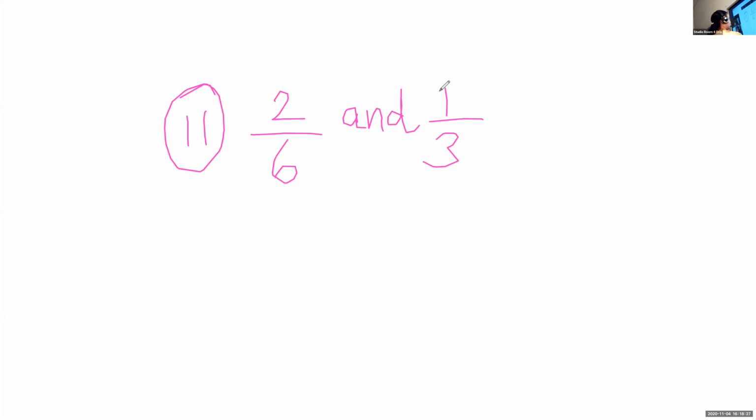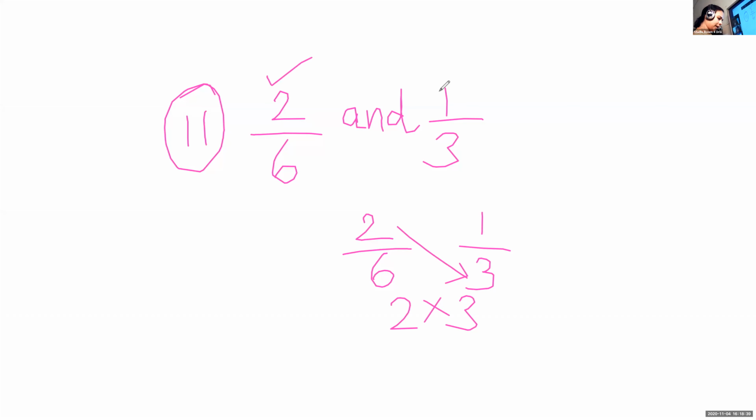So when you write 2 by 6 and 1 by 3, how can you write the cross multiplication? 2 multiplied by 3. First it's better you write 2 by 6. And how can you take another one? 6 into 1. 2 into 3 should be here.